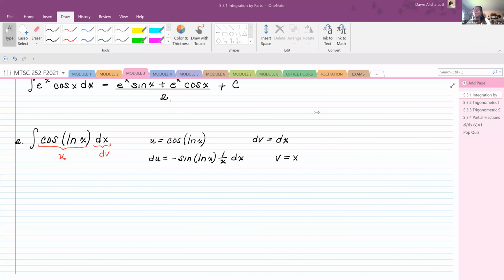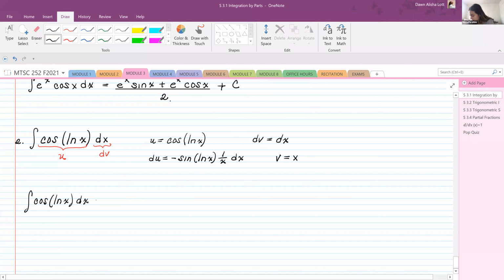So cosine of natural logarithm x times x minus the integral of x times negative sine of ln x times 1 over x dx. So you said integral of, do the last part for me, please.